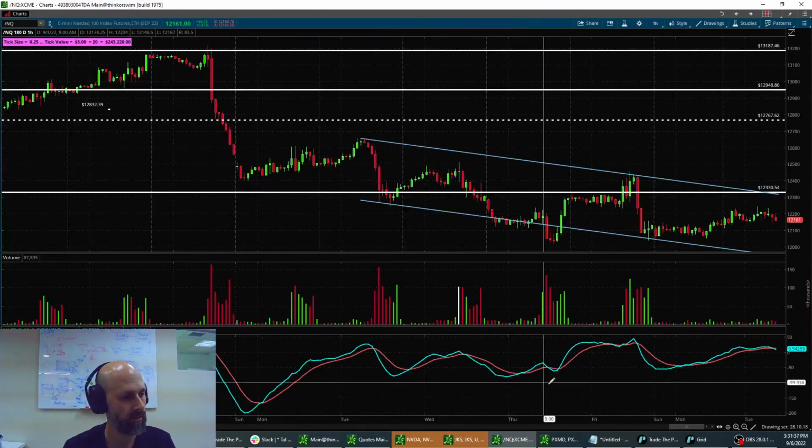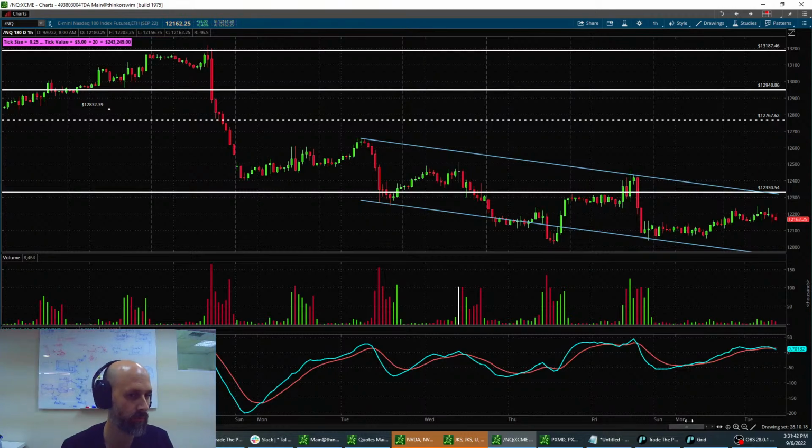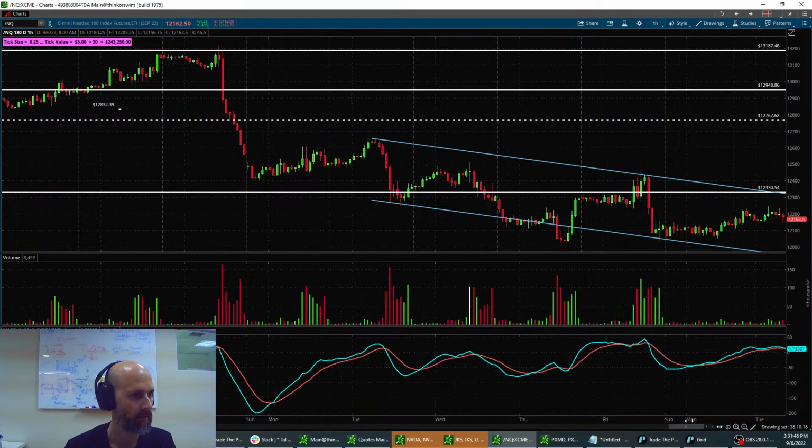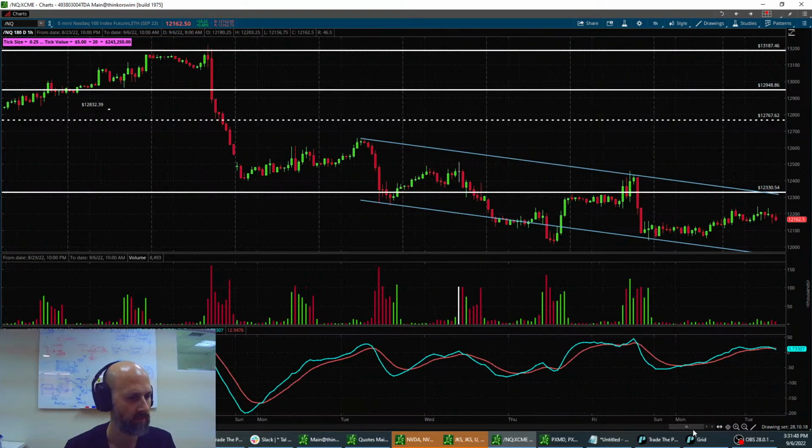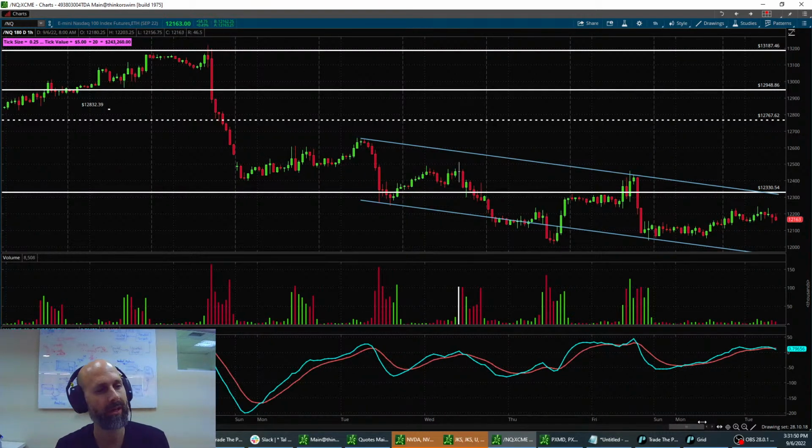The NQ is the futures index for the Nasdaq, and I usually analyze it on a 1H or a 4H, depending on whether I'm checking for swing trading or day trading.